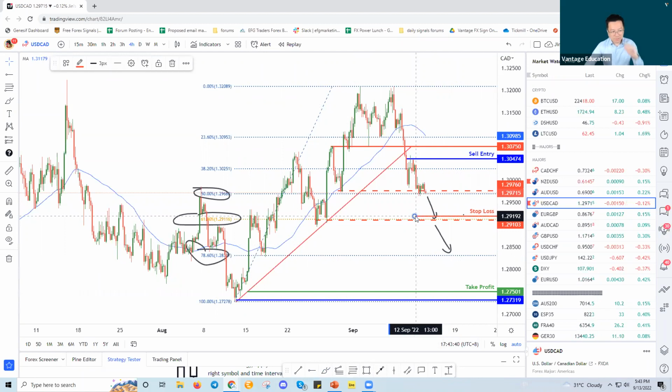So every time it breaks that Fib level or that interim resistance or support level, I'll move my stop loss lower again. If it comes towards this point and breaks lower, then I'll move my stop loss again below this level towards the take profit.